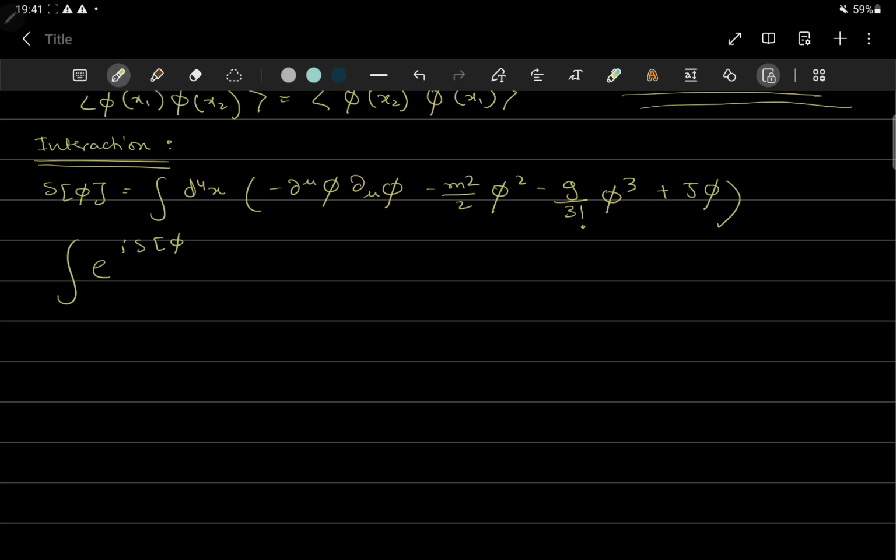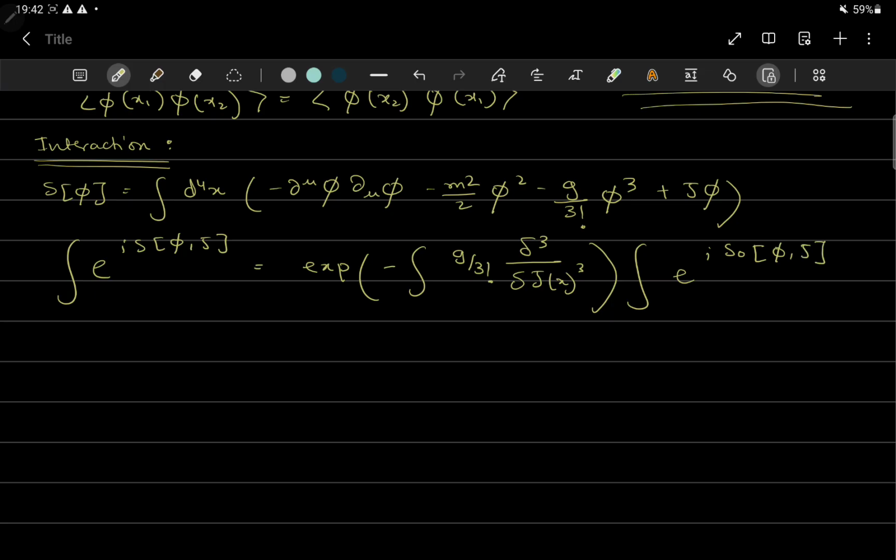Okay, so now if I write the path integral using this action, I can write this as the exponential of the interacting term and the free term. So separating the two, basically follow the same medicine that we did earlier.